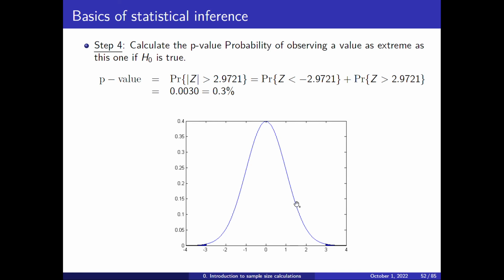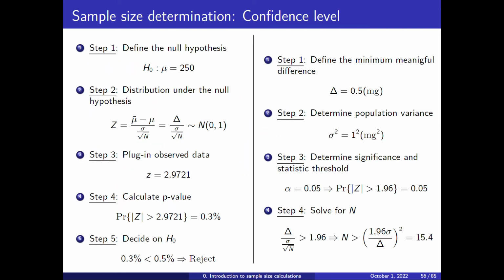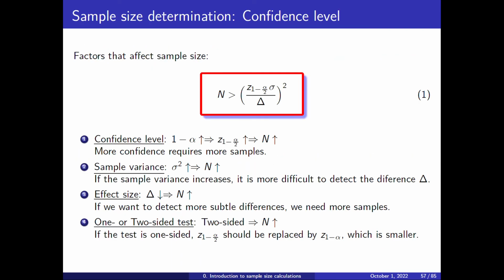So now the critical set on which I will reject or not my null hypothesis will be smaller. So now it has gone from 1.96 to 1.6, so it will result in a smaller sample size.